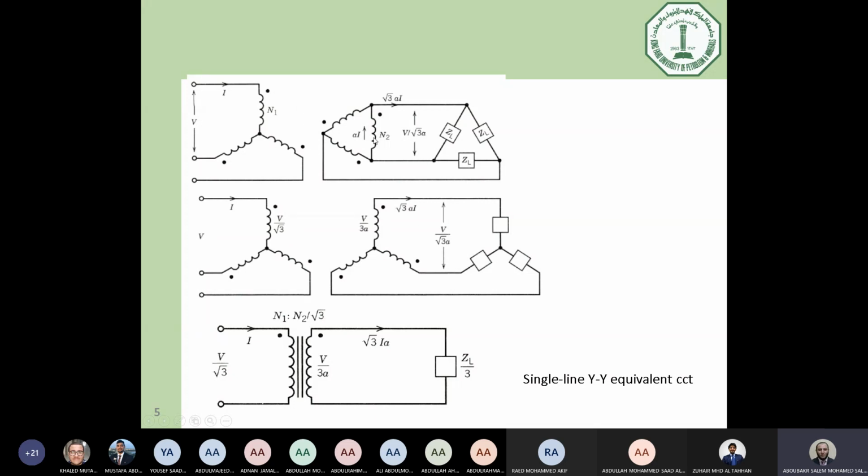So it will move to the other side, dividing by the turns ratio. So the relation now will be the voltage here is V over square root of 3 multiplied by turns ratio. This is the voltage of the phase. And it will be the same also for the line because this is delta connection.